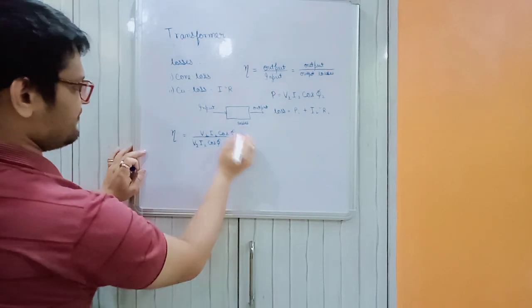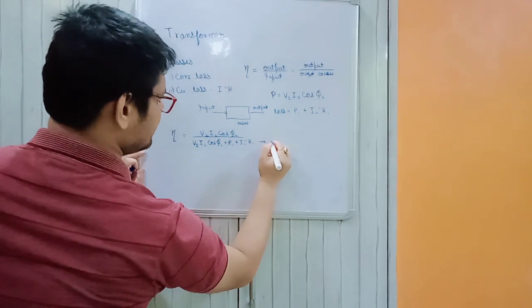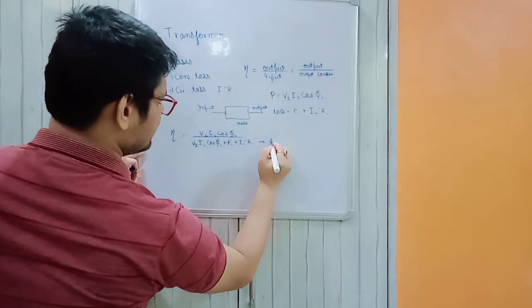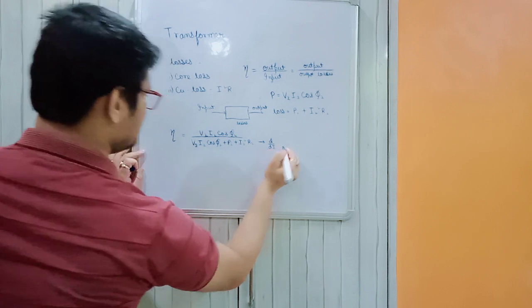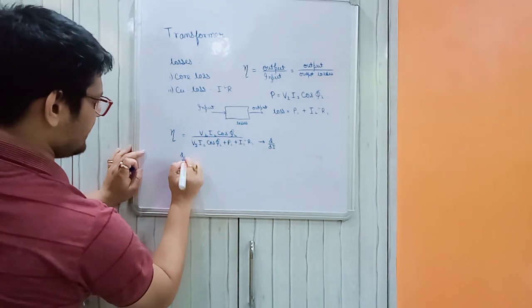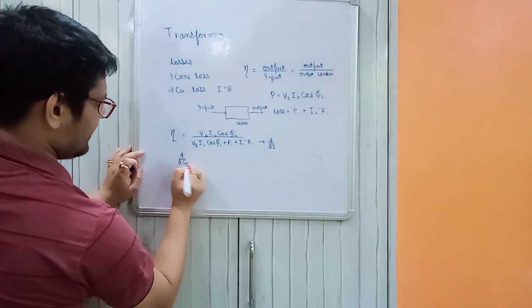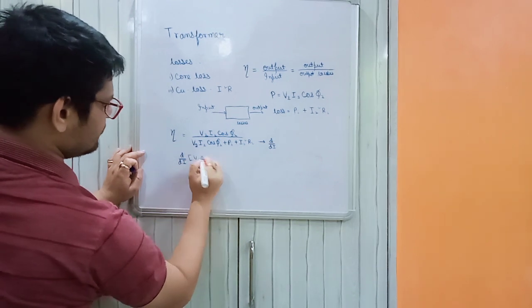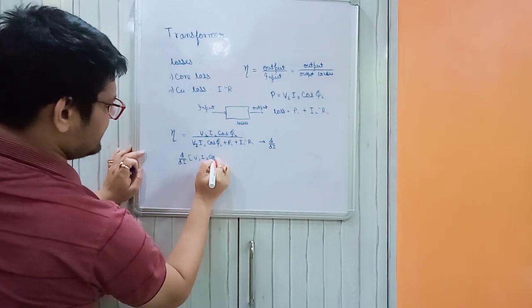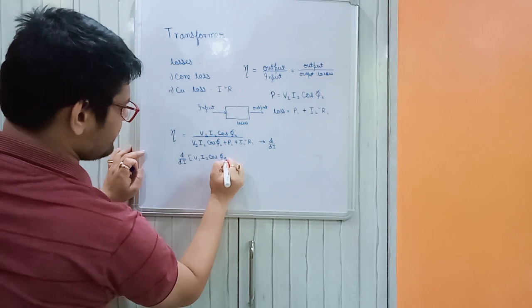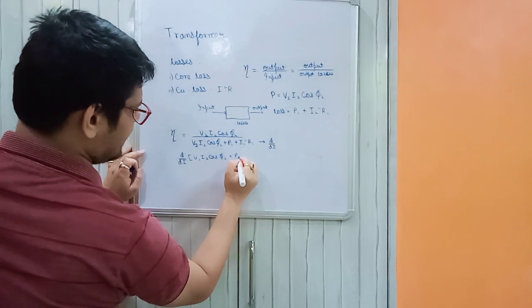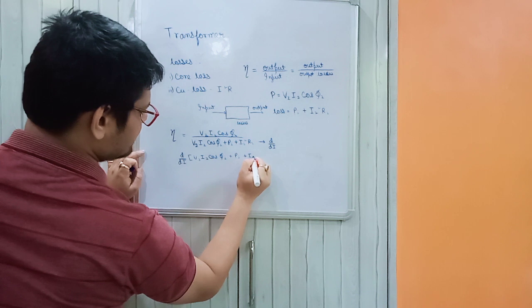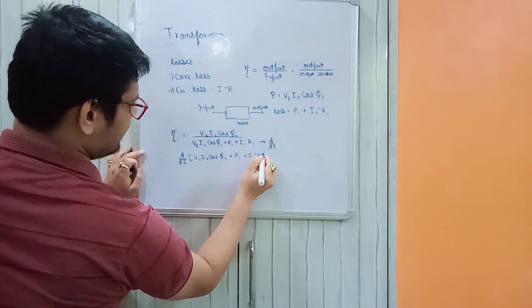We will differentiate the denominator with respect to current, that is d by di, and equate it with 0.